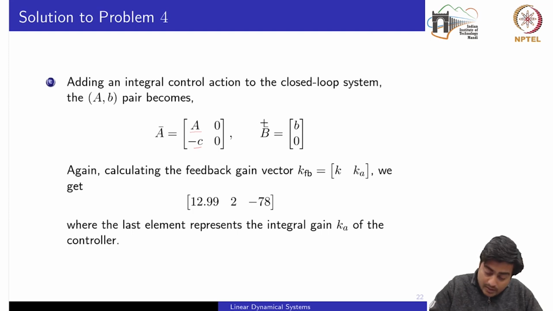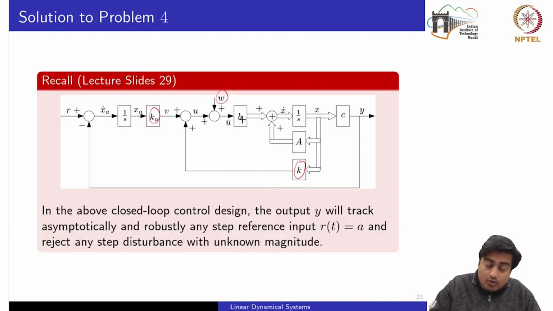So here we computed two different matrices, A bar and B bar, and now we can calculate the feedback gain vector for this new pair A bar, B bar, and partition it as k and ka, where k is the feedback part, and ka acts on the forward path from the reference signal.